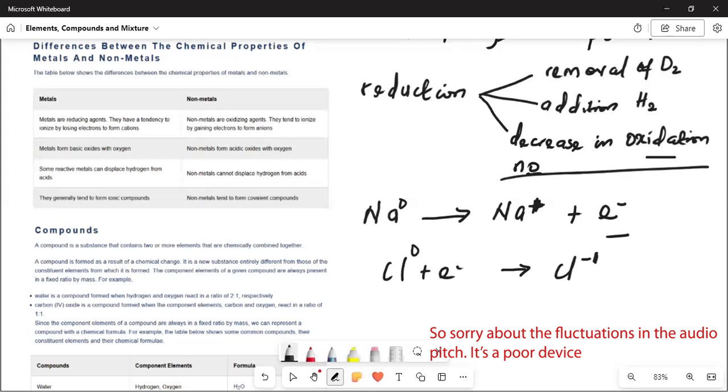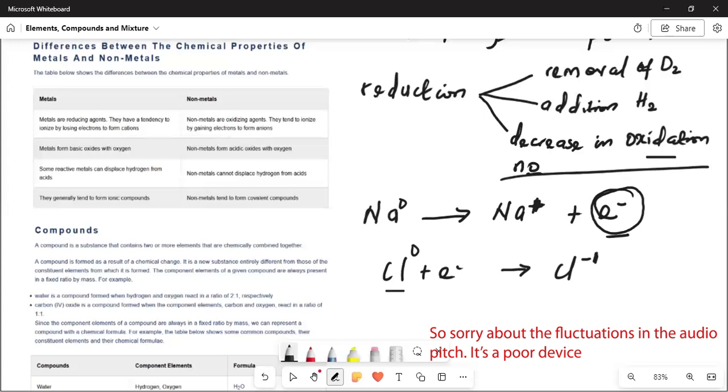Decrease in oxidation number. Now, what brought about this decrease in oxidation number? It is because sodium is giving out one electron to chlorine. And that is why we say metals are reducing agents. They are the ones bringing about reduction because they are losing electrons. As those electrons are lost from metals, there must be something to accept the electron.